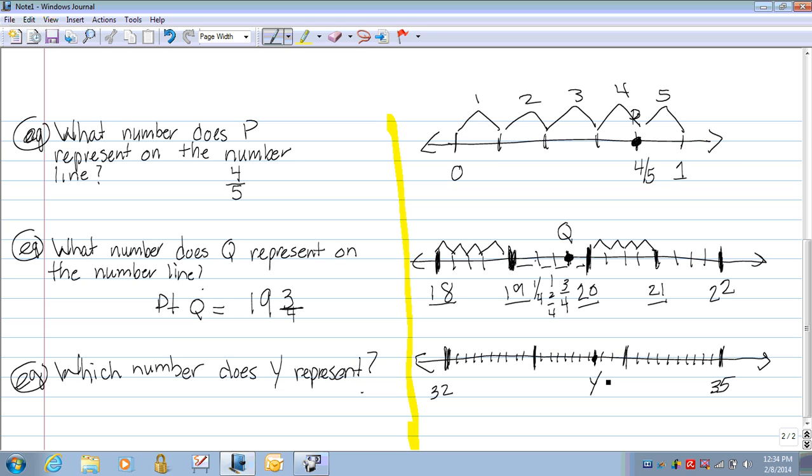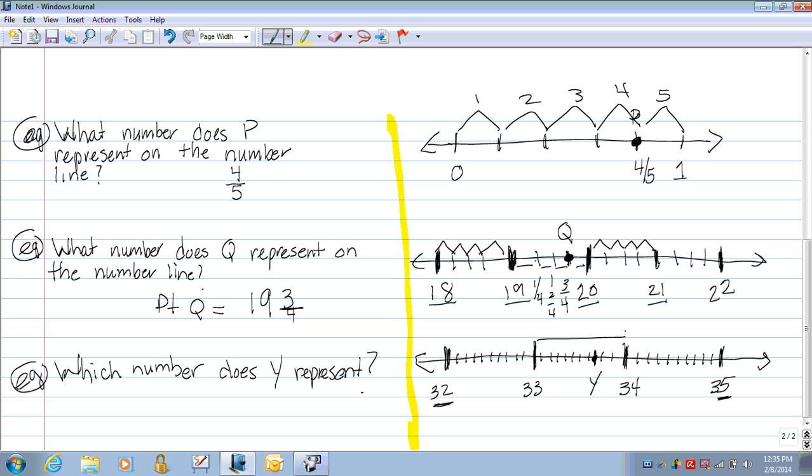When you look at that number line, I see here is 32 and here is 35. This number then will be 33. This long line will be 34. And in between every whole number, it's divided into 10 equal parts. So this time we are in tenths.